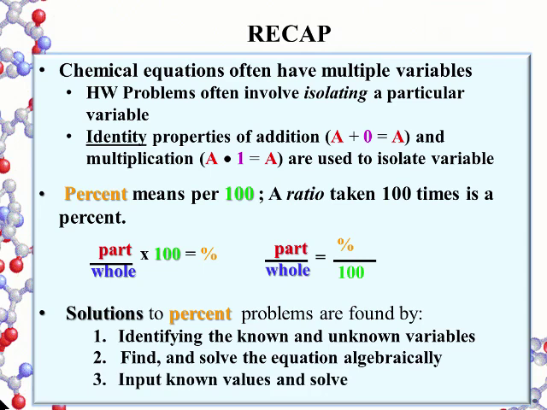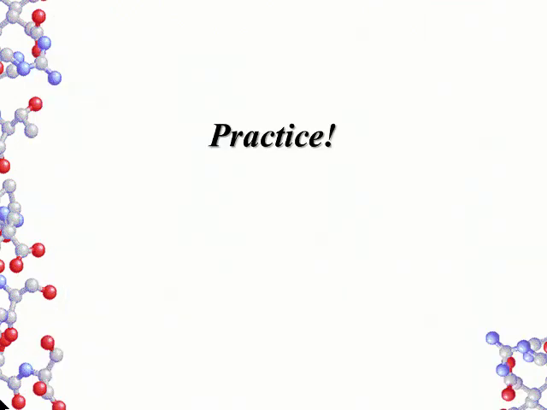And finally, input known values from the setup into the relationship and solve. And that concludes the lecture on Math for Chemistry Part 2. Math and chemistry require practice. It's not enough to follow a lecture. To build understanding requires effort and diligence.